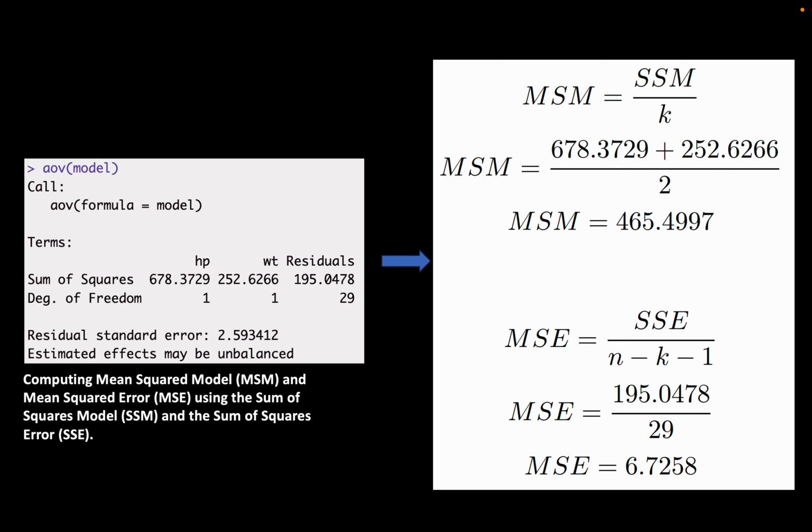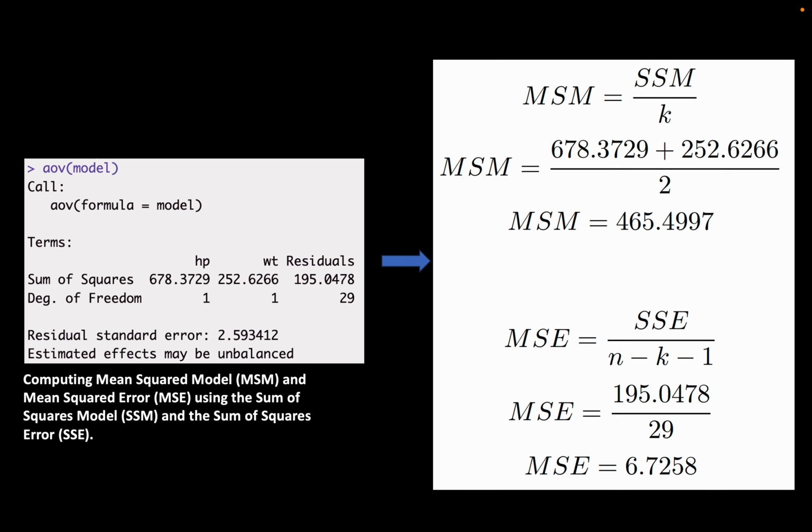In this analysis, we are exploring the analysis of variance, ANOVA model output, by first computing the mean squares model and the mean squares error. We are computing the mean squares model by dividing the sum of squares model by k, which is 2 in our case since we have two predictors.